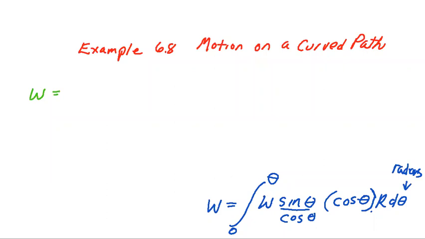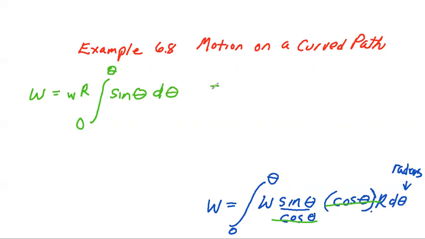This is the weight, by the way. The weight and the radius we have from 0 to theta, and these are going to cancel, leaving sine theta d theta.